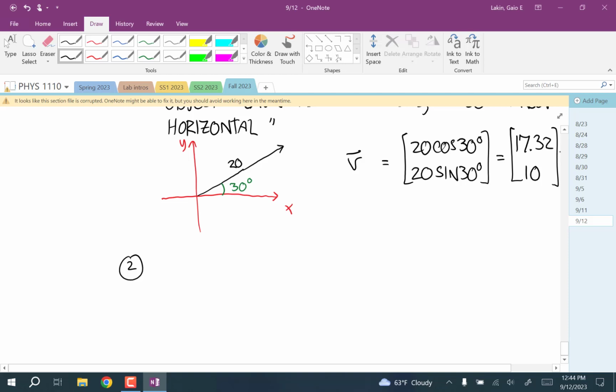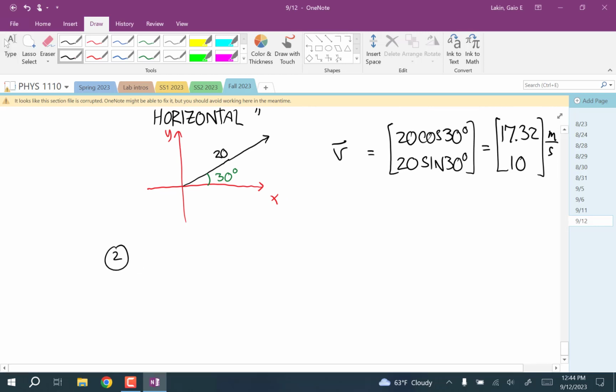The second one is when an object is dropped. This came up in 1D also.